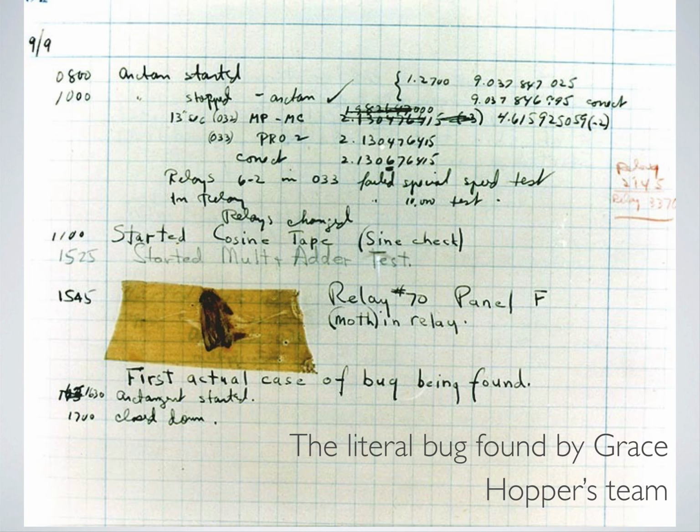So the first recorded bug, the first recorded error in a computer program, was a literal bug. It was a moth that was wedged into one of the relays. And you can see here on this note, relay number 70, panel F, moth and relay. So the first bug was a literal bug that was discovered by Grace Hopper's team when they were working on the Harvard Mark II.